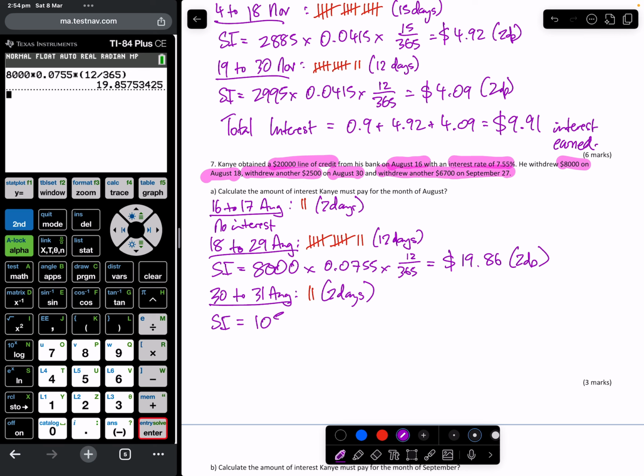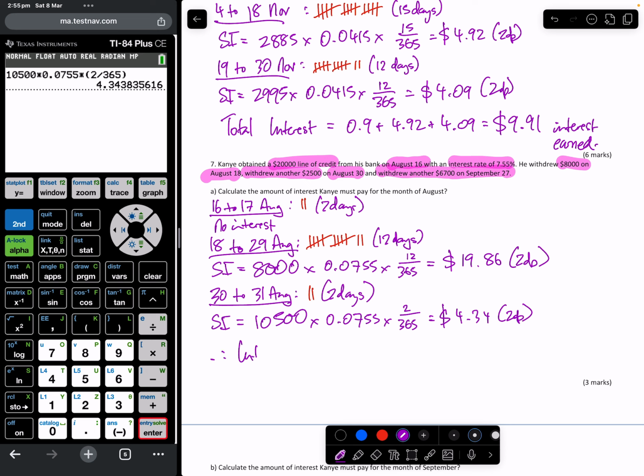He had 10,500 withdrawn. Times by 0.0755 times by 2 on 365 equals 10,500 times by 0.0755 times by 2 over 365. $4.34 to 2 decimal points.